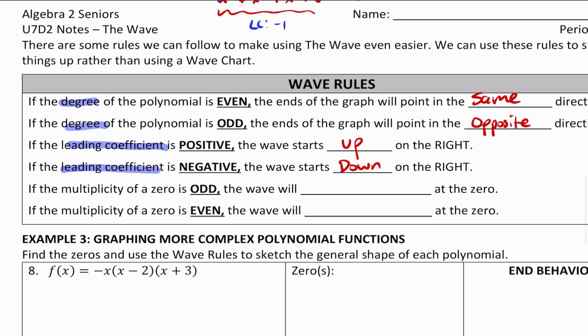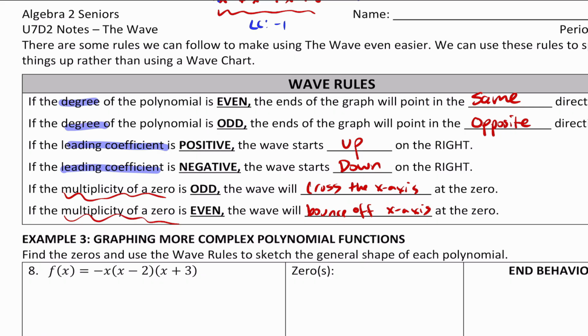If the multiplicity of a 0 is odd, the wave will cross the x-axis at the 0. If the multiplicity of a 0 is even, the wave will bounce off the x-axis at the 0. So multiplicity of a 0.